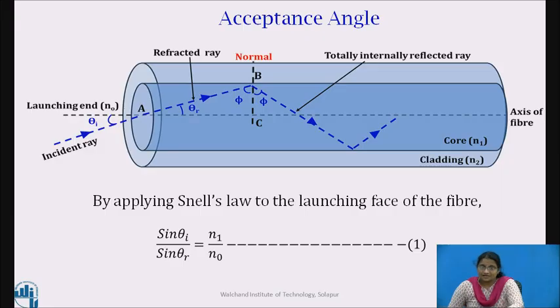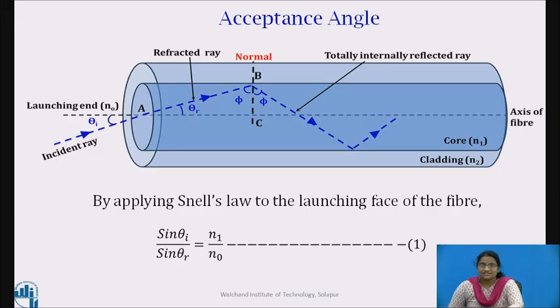Will it affect the angle of refraction? Yes, the angle of refraction theta r will also increase. And will it affect the striking angle? Yes, obviously the striking angle will decrease. Yes students, you are right. If we increase theta I beyond a limit, the striking angle phi will drop below phi c and the ray escapes from the side walls of the fiber.